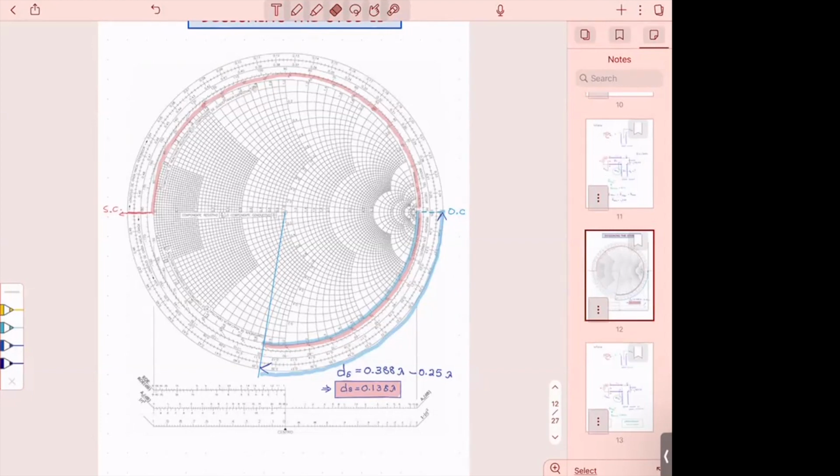So I will start at a short circuit, which is 0, and I will move around here until I find this point. And that's the shortest distance. And if I read it out here, that's 0.383 lambda for a short-circuited stub. This is the length. All right? This is for a short-circuited stub.